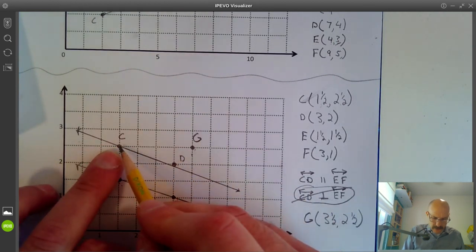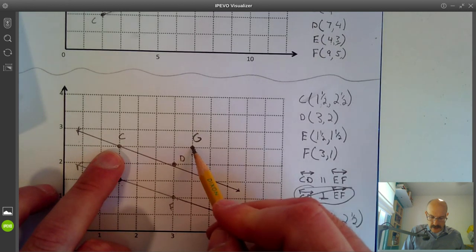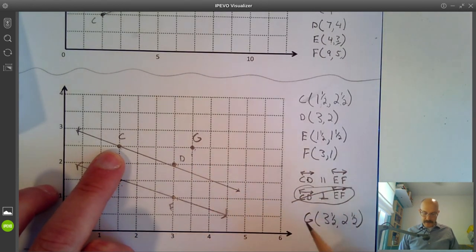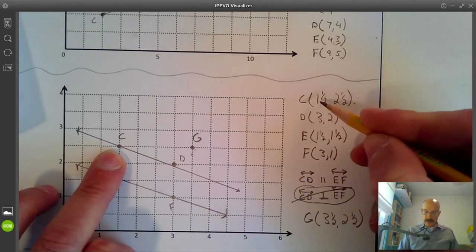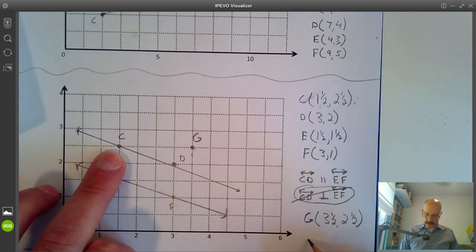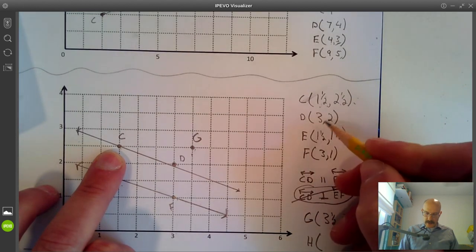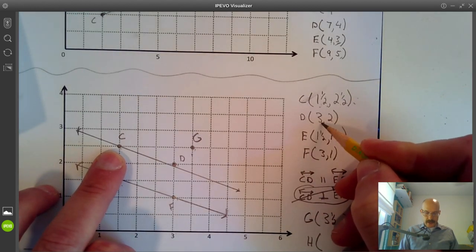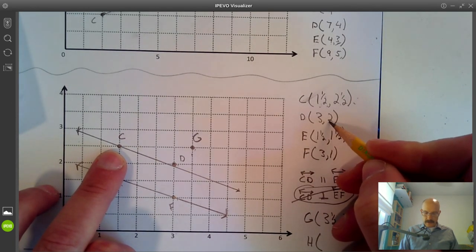All right, so let's see. I think I'm just going to go with G: the x coordinate increases, but the y coordinate is the same as C. So let's do H compared to D, with the x coordinate increasing and the y coordinate staying the same.